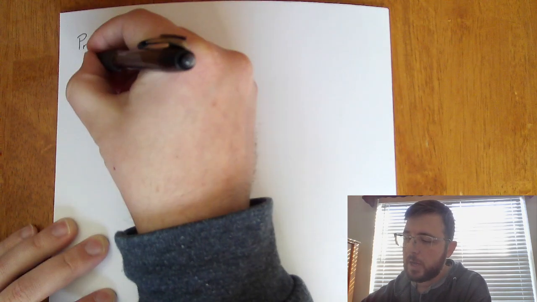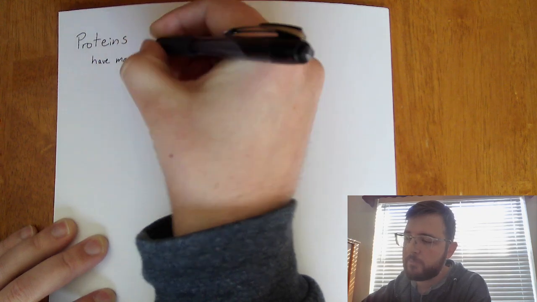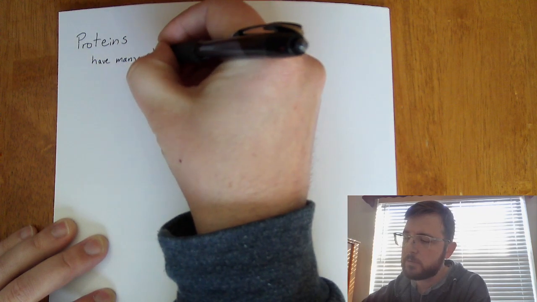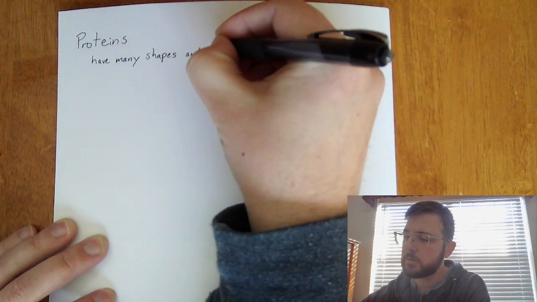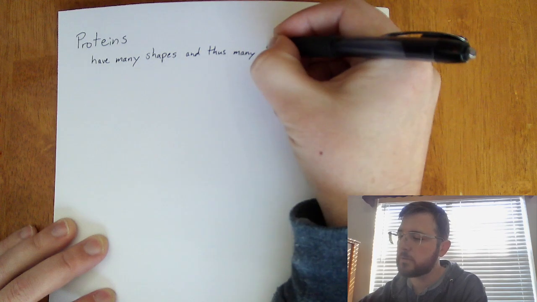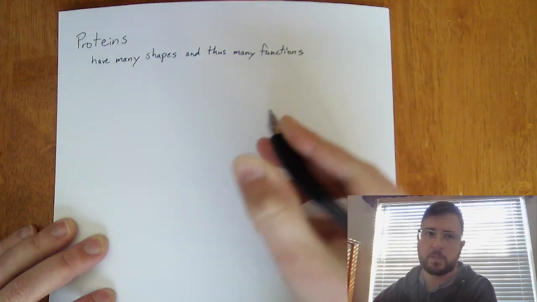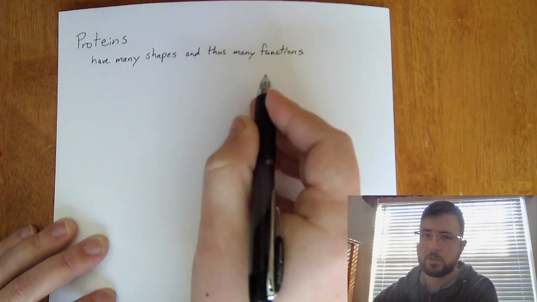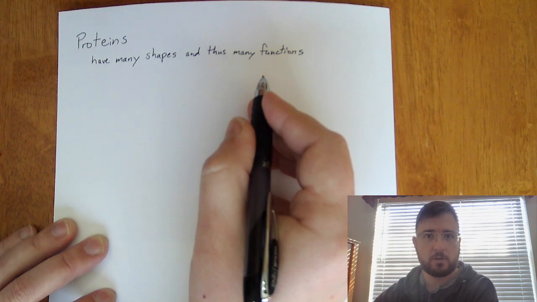Proteins have many functions. They have many shapes, and thus many functions. Many shapes, many functions. The form determines the function.